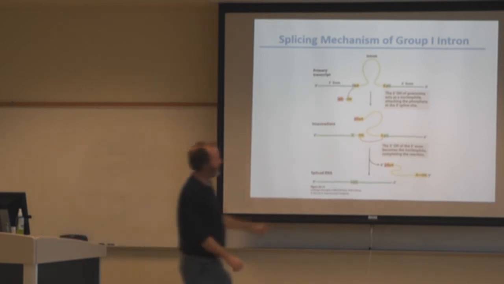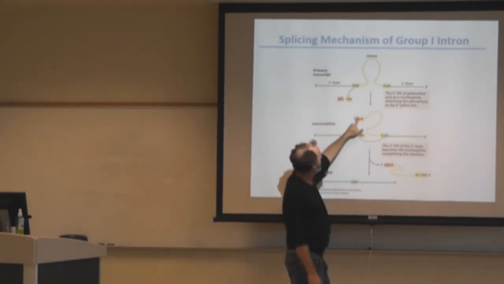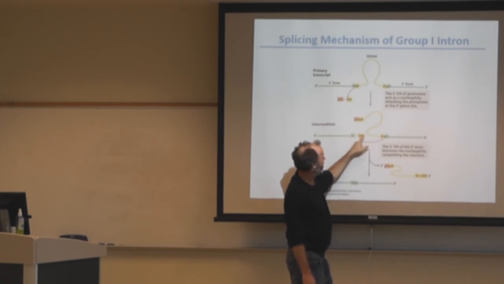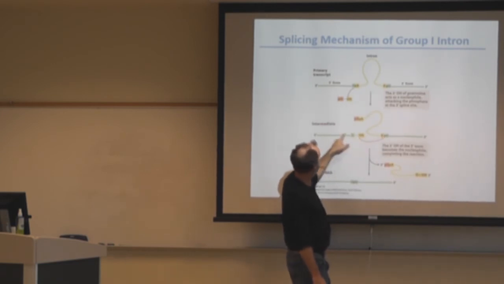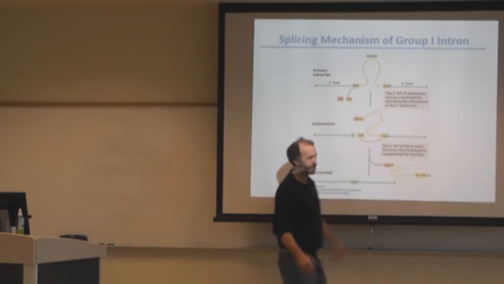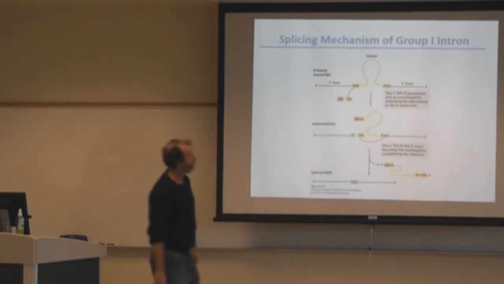The hydroxyl from the U that was cut out will then attack the phosphate connecting the U, and you'll splice out the intron back there.